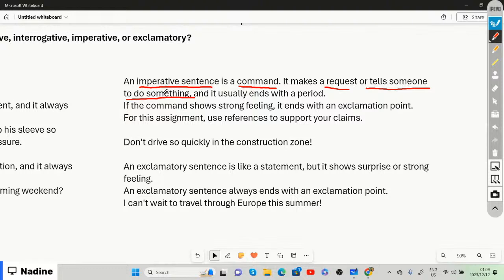When it comes to an imperative sentence, it usually ends with a period.